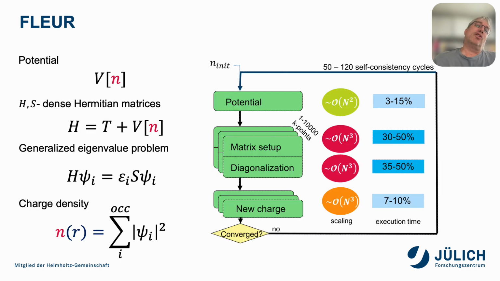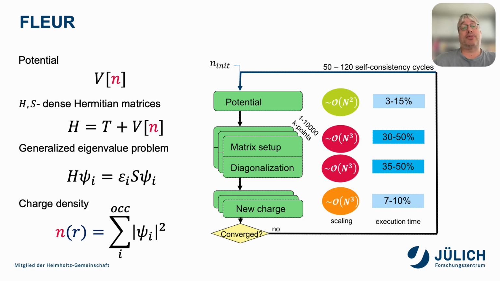Okay, if you look at FLEUR, you see this diagram here with the basic steps which the FLEUR code performs in a self-consistency iteration. So you see we have a setup of the potential, so we calculate the potential out of the density we have. Then we have to calculate the matrices, so the Hamiltonian and the overlap matrix.